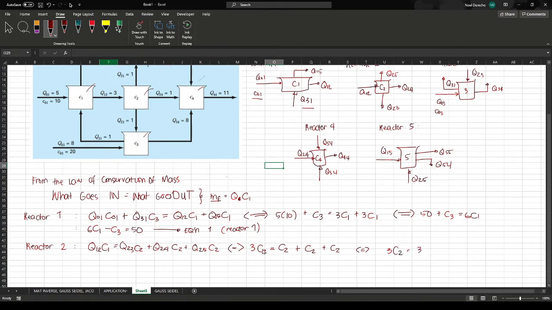No, this is C1. Sorry. So that should be 3 C1 is equal to C2 plus C2 plus C2, that is 3 C2 is equal to 3 C1. In other words, C2 is equal to C1.